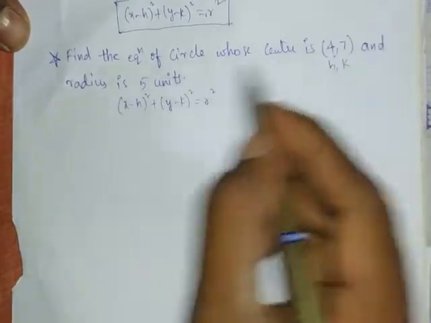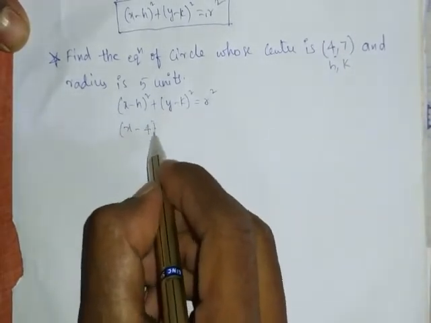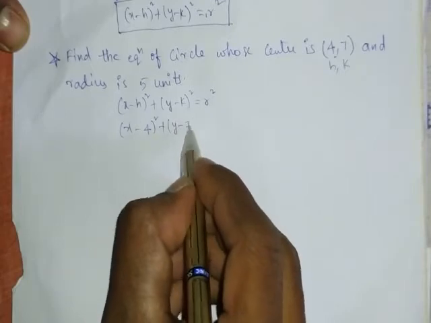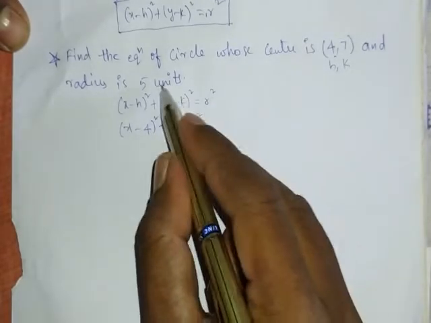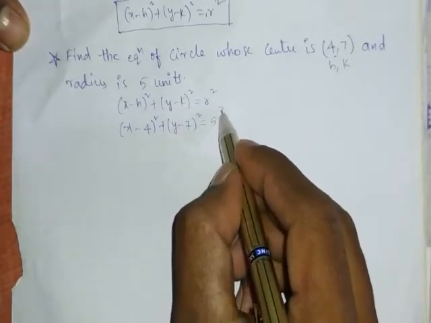We apply 4, 7 here: (x minus 4) whole square plus (y minus 7) whole square equals r square, the radius, which is 5 square.